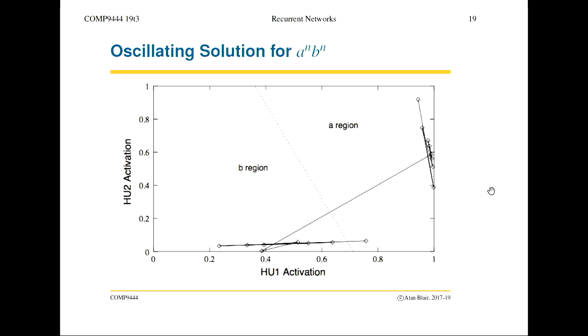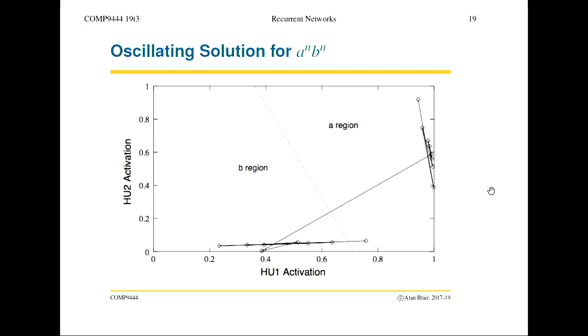So what's happening here is as you process the A's, it's being given 8 A's followed by 8 B's. So as it receives the A's, you get this kind of decreasing oscillation towards the point here.